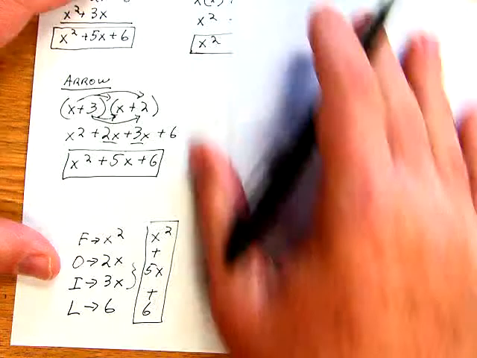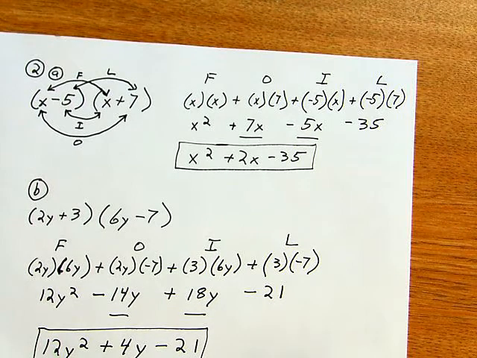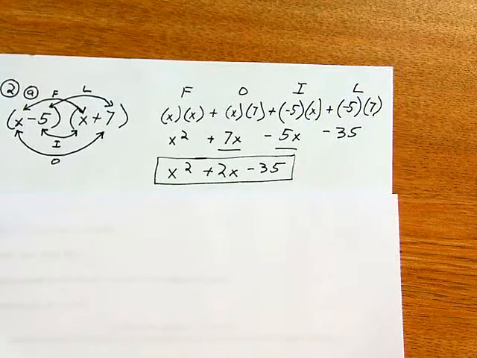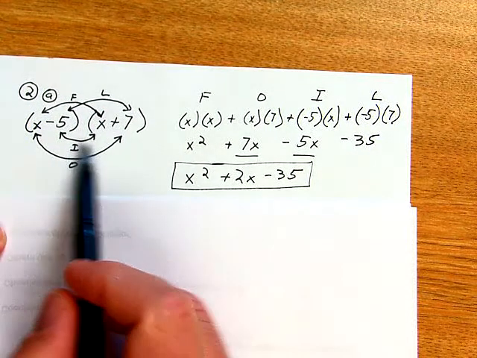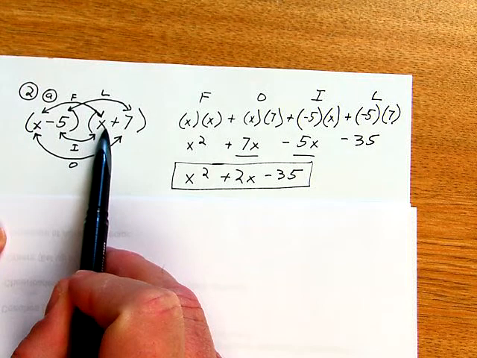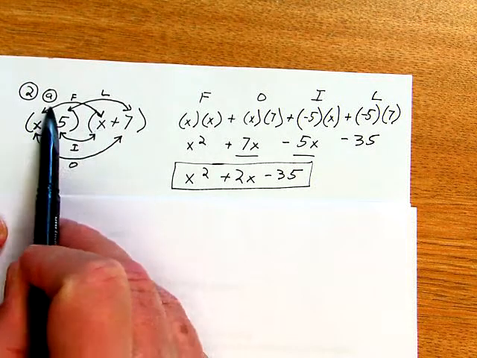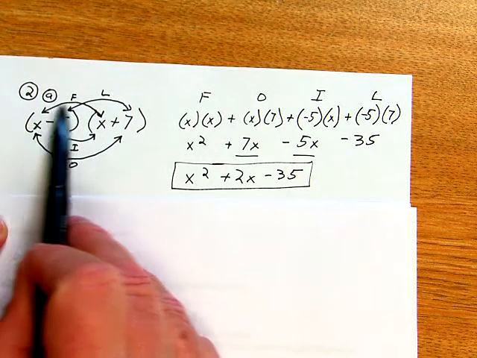Okay, now let's move on to example 2, and we're going to use the FOIL method again. I've already drawn it out for you. Here's x minus 5 times x plus 7, and I've drawn the F arrow for FOIL, first.